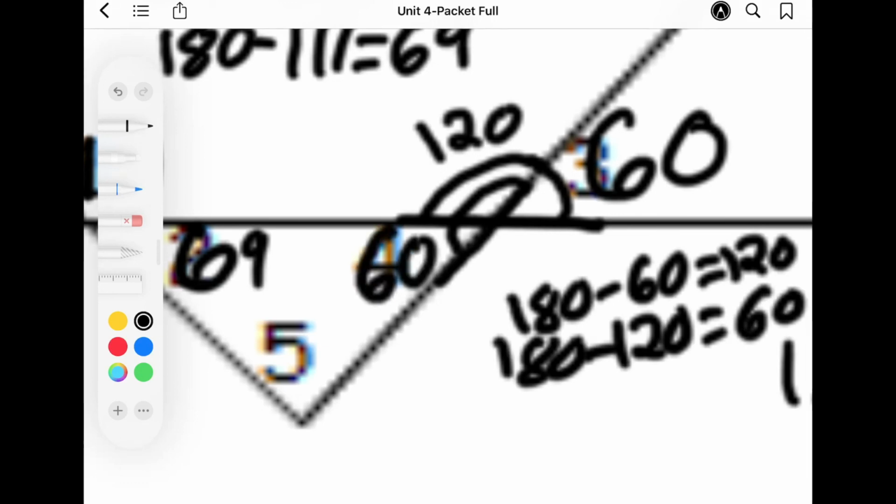Now, if you can just realize that these are vertical angles, that's fine. If you cannot see that it's vertical angles, you will have to go through the process of realizing that they are supplementary to each other and they create a straight line, and subtract the angle you have from 180.